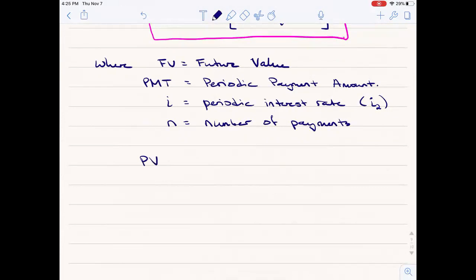The present value is the PMT, and then square brackets, 1 minus (1 plus I) to the power of negative n, over I. And this is also on your formula sheet.